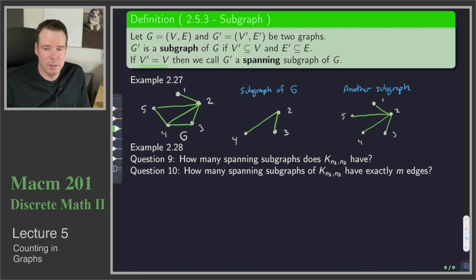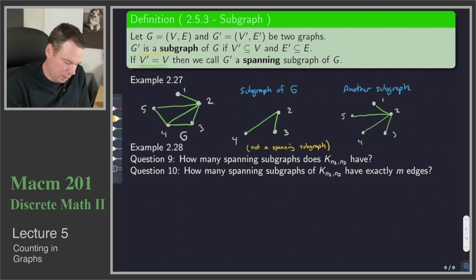But to illustrate what the last part of the definition in terms of spanning actually means, if I look at that first example of a subgraph consisting of the vertices 2, 3, and 4, this is not a spanning subgraph. Why is it not a spanning subgraph?